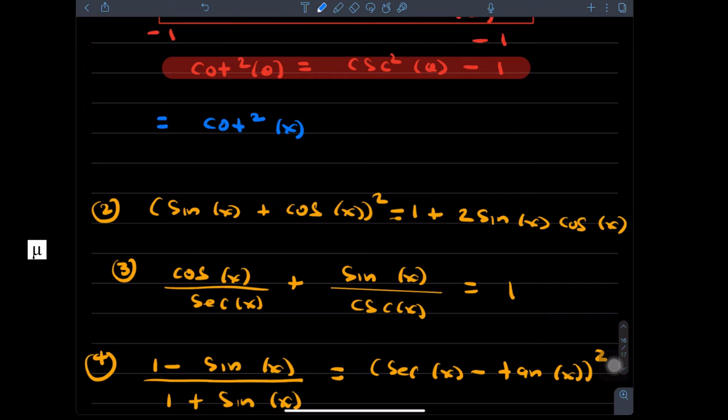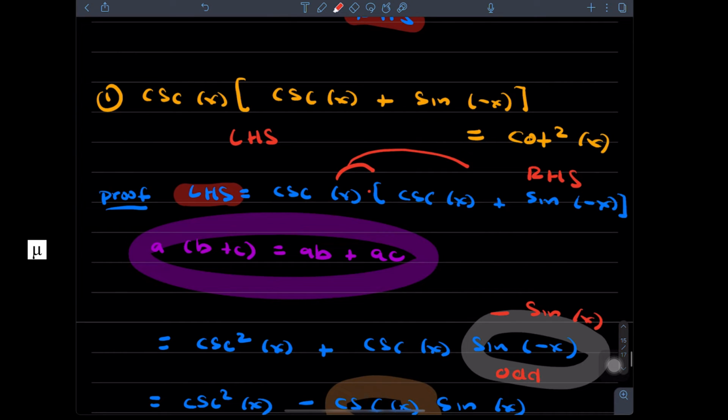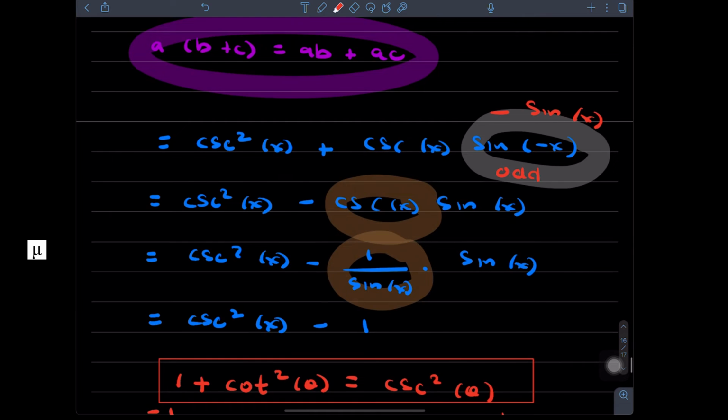So there it is, ladies and gentlemen. So we show the left-hand side equals the right-hand side. It equals cotangent squared.